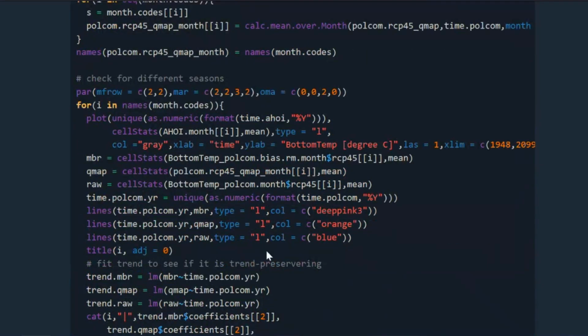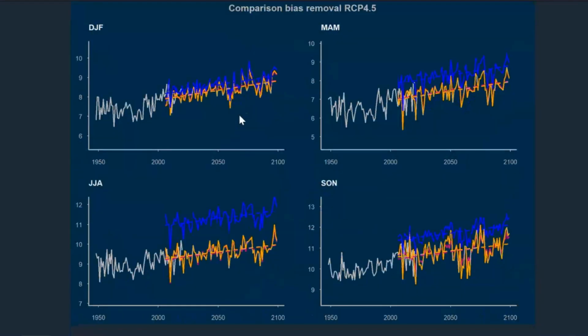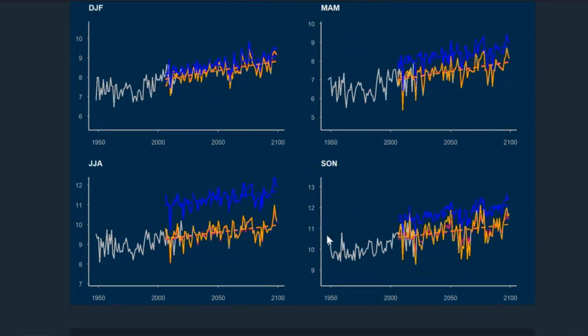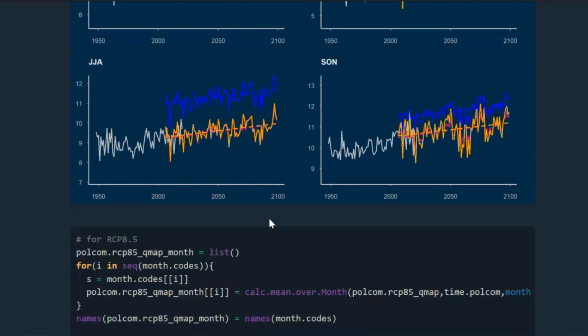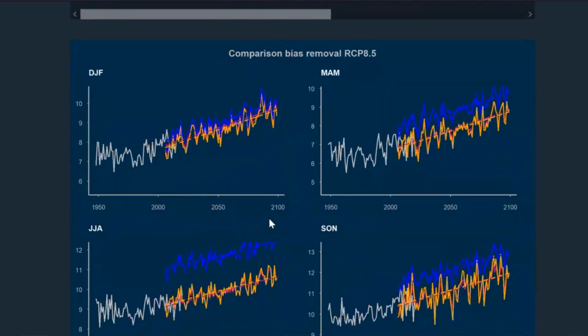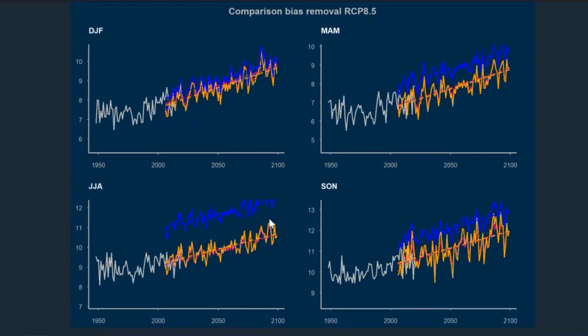Here I do it and calculate those seasonal averages, and we see that the trend is nicely preserved and also the bias is corrected appropriately. And again, for the removal of the trend here, the mean bias in the RCP85 scenario.